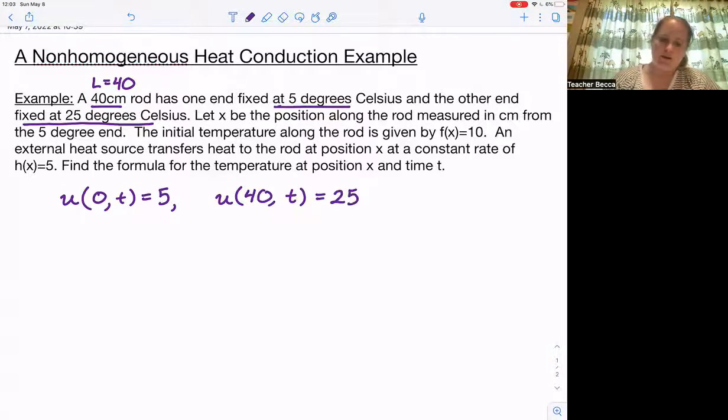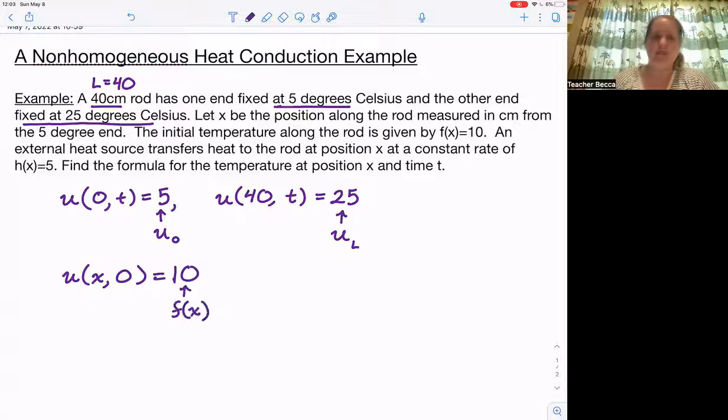So again, this 5 is what we previously were calling our U naught, and 25 is what we previously called U L. We have U of x, 0 is equal to f of x, which is 10. So this 10 is our f of x.